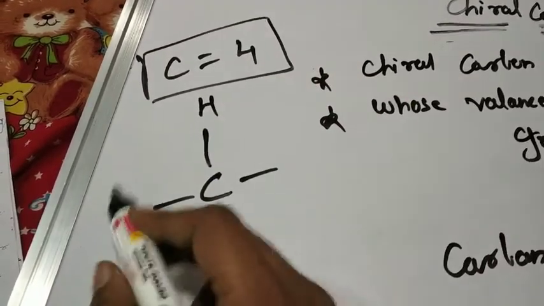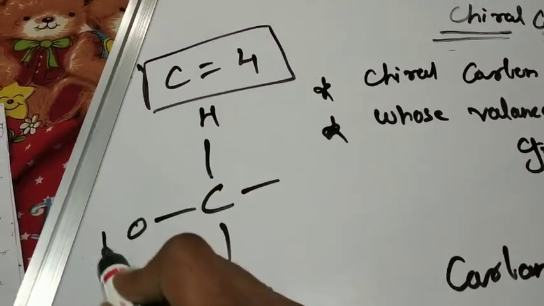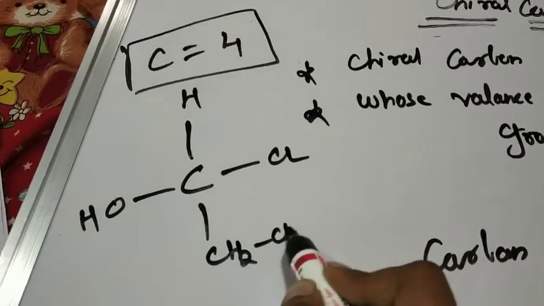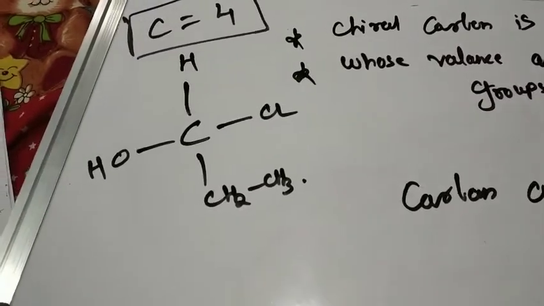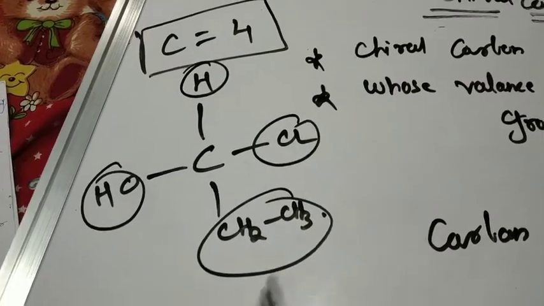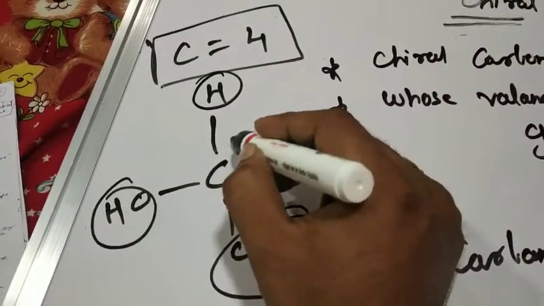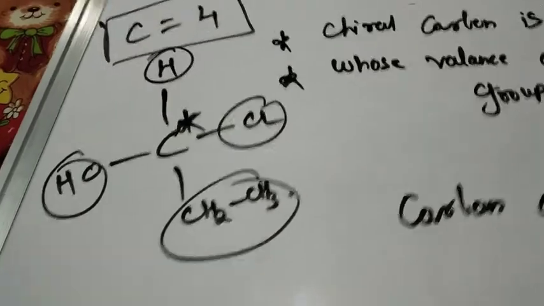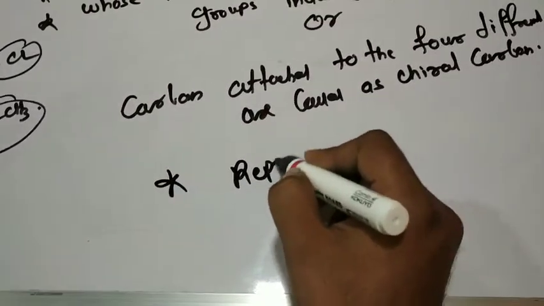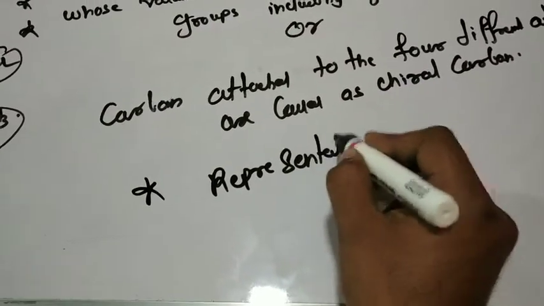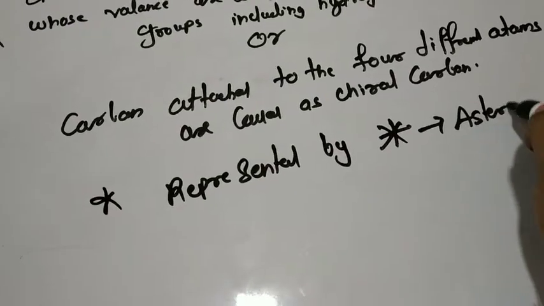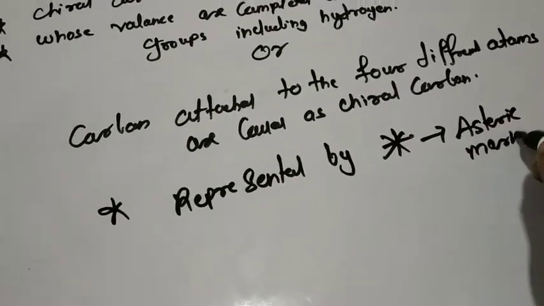Now let's take an example of this. Let's say we have one H, one OH, one Cl, and one CH2CH3, right? In this compound, you can see this is different, this is different, this is different, and this is also a different group. So all 4 groups are different. So this becomes your chiral carbon, right? Now this particular chiral carbon is represented by an asterisk mark on the carbon.